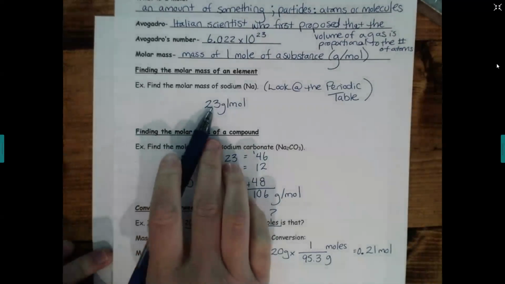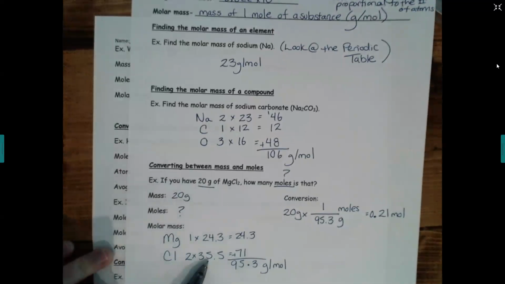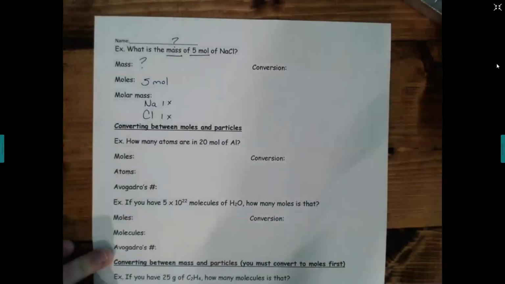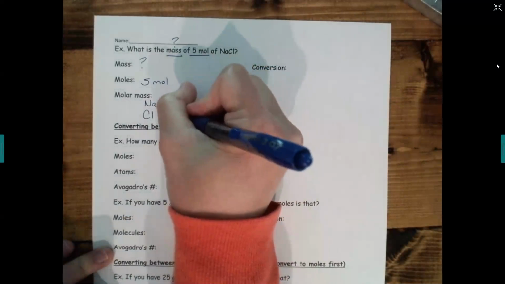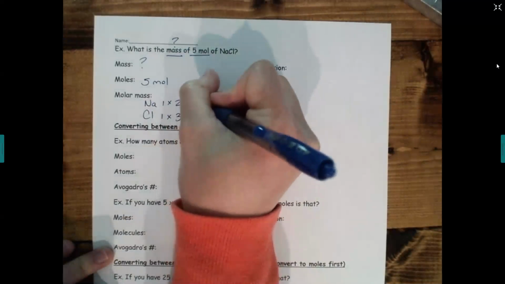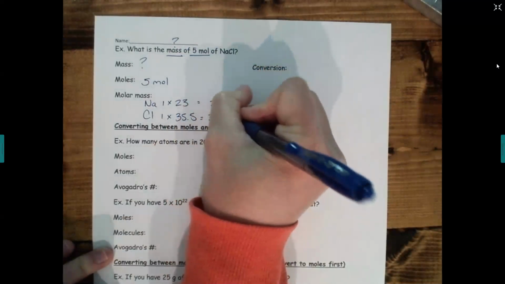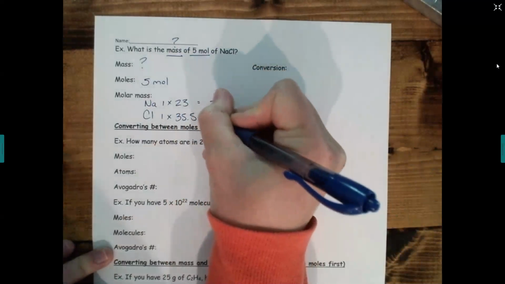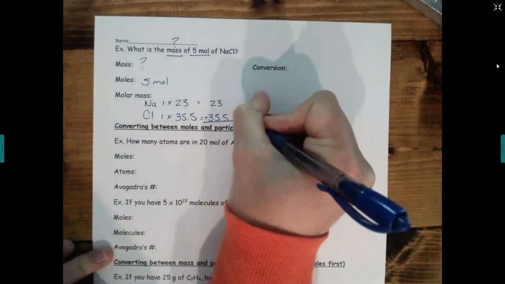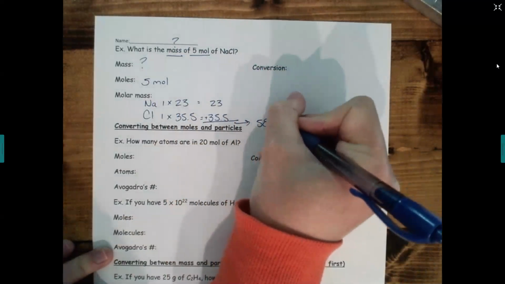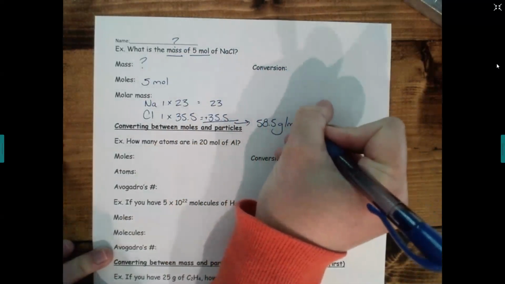And you might remember from that first sheet that sodium's mass is 23 and chlorine's mass is 35.5. So since we're multiplying both of those by 1, we get the same thing. When we add them together, we get 58.5 grams per mole.